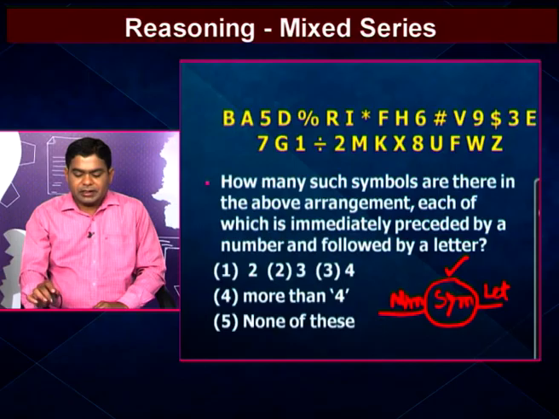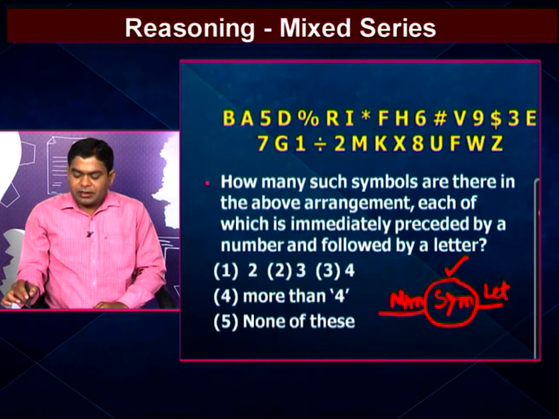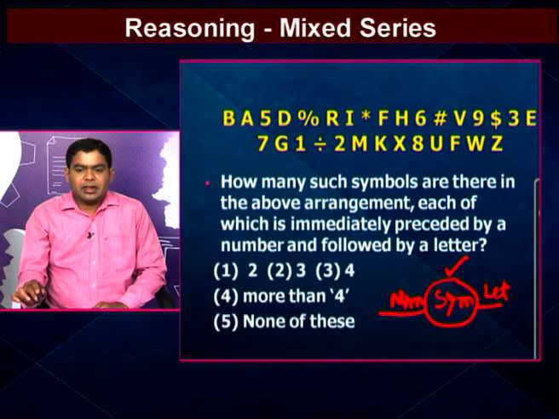In our given series, the first symbol is percentage. Here the left side is a letter, but according to our condition the left side must be a number, so this symbol does not satisfy the given condition. After that we go to the next symbol, that one is star.